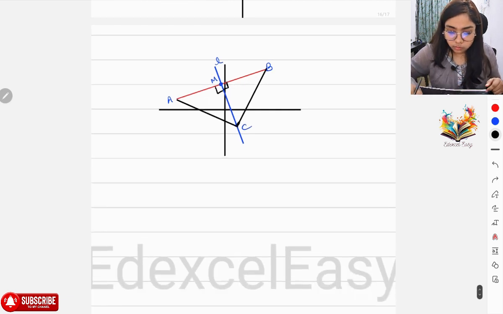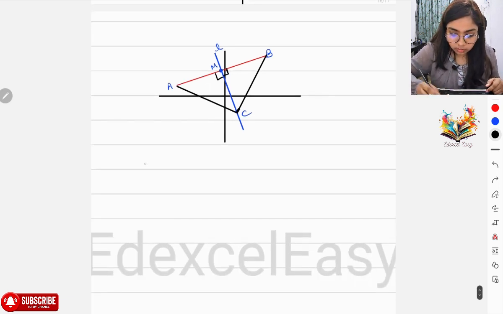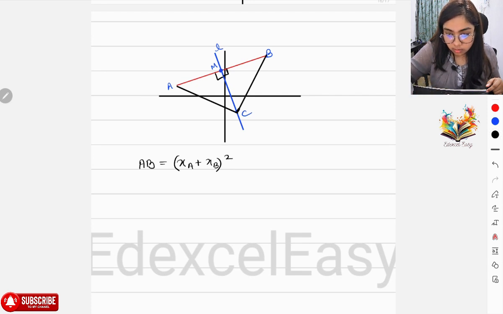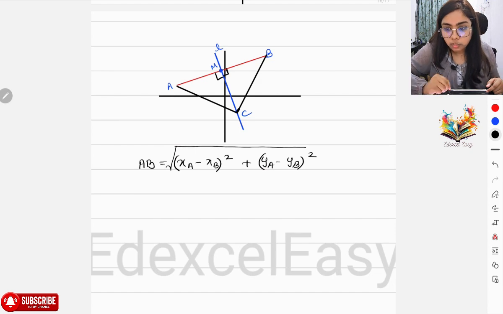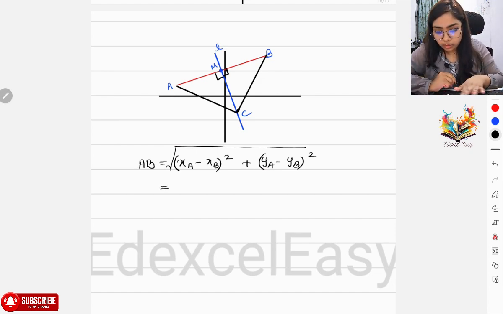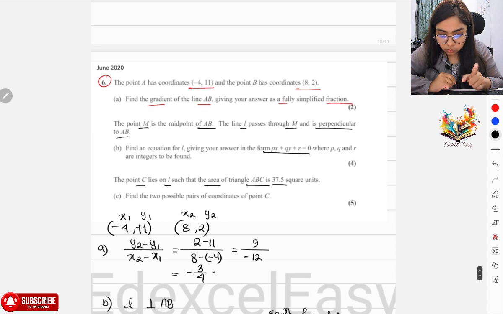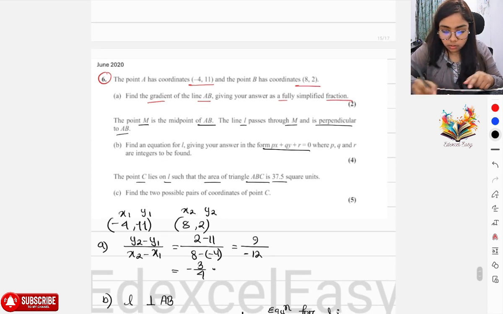Now over here I already can understand that AB is the base, so I will find out the length of the base, which is the square root of (xA minus xB) whole square plus (yA minus yB) whole square. The points were minus 4, 11, 8 and 2.